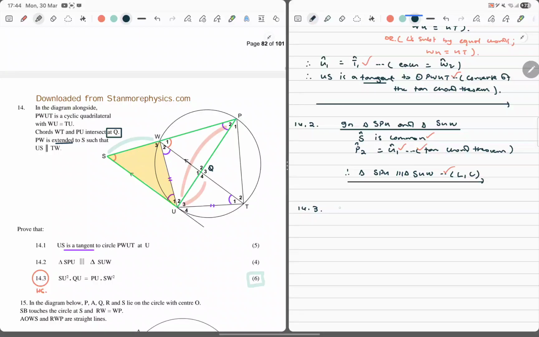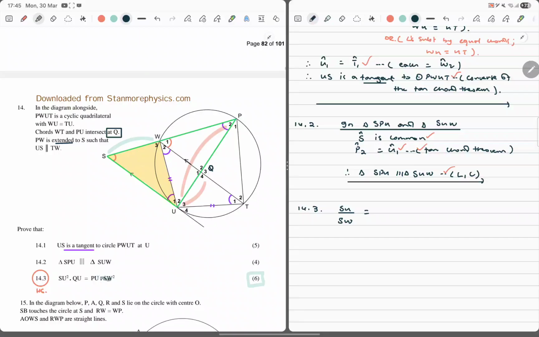So first and foremost, guys, we know that SU over SU is opposite this angle in the big triangle. That angle is equal to U1 in the yellow one, and the side opposite that is SW. That is going to be equal to. Now I'm going to choose strategically a side on the big triangle so that it corresponds with the side SU on the smaller triangle.